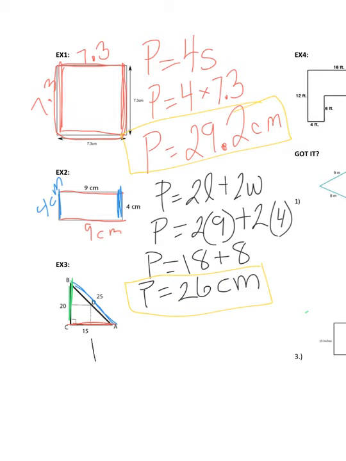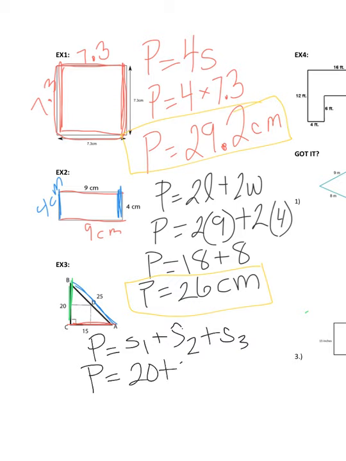So we know that the perimeter formula is simply just going to be the 3 sides. So we're going to have side 1 plus side 2 plus side 3. So all 3 of those sides are going to be added together. So now we're just going to go 20 plus 25 plus 15. And once we add all of those up, we're going to go ahead and end up with the value of 60.